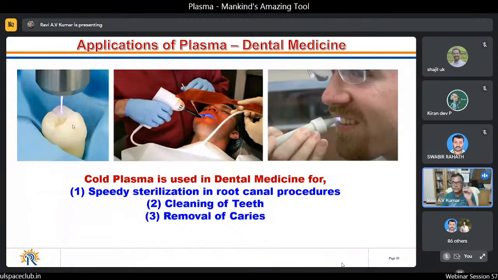Because the doctor has to first ensure that there is no infection inside the cavity, and that can be done in just one sitting if you use a cold plasma jet. The cold plasma can go into the teeth cavity and kill all the pathogens there, so the tooth is ready for taking the filling and the cap in just one sitting. It is also used for cleaning of teeth and removing cavities.